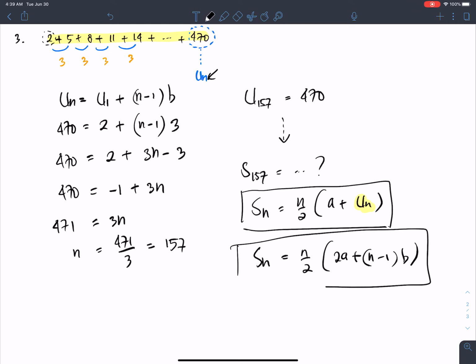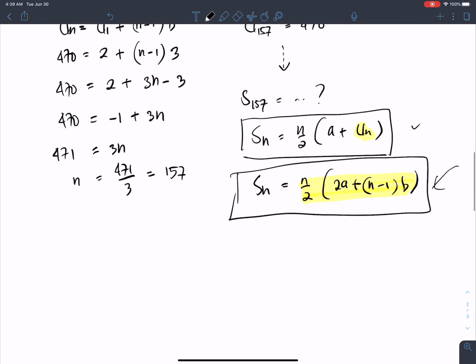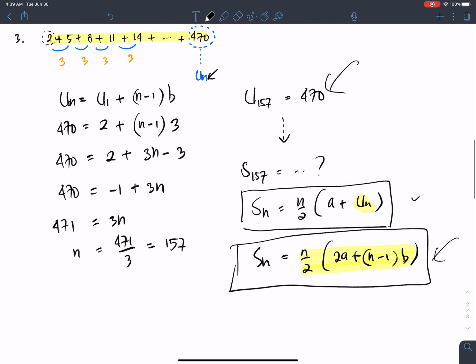Since we already know the un in this question, which is 470, we use the short formula. It will be easier. It doesn't matter if you want to use the other one as well, but since the un is already given, we use the short formula.